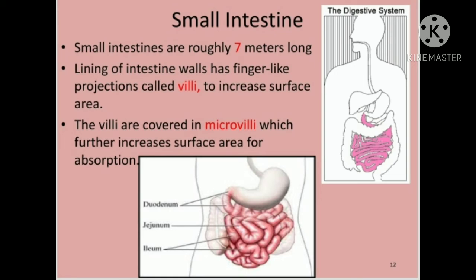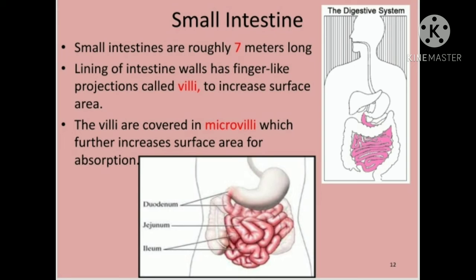Some more things regarding the small intestine. It is about a 2.5 centimeter broad, coil-like tube within the abdominal cavity. The coils are held together by mesenteries.